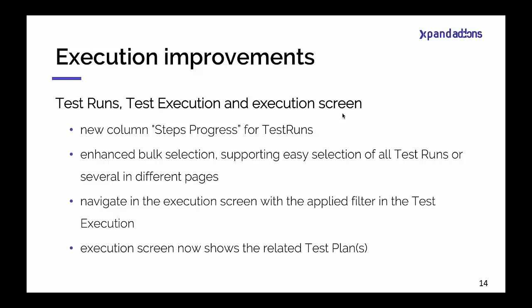So that's one aspect. But, well, one thing that we also covered here, and it was something that we were missing in the previous versions of Xray, was the bulk selection, how it worked in the test executions. So now you can easily select all the runs independently of the pagination aspects, because the previous version had a limitation.